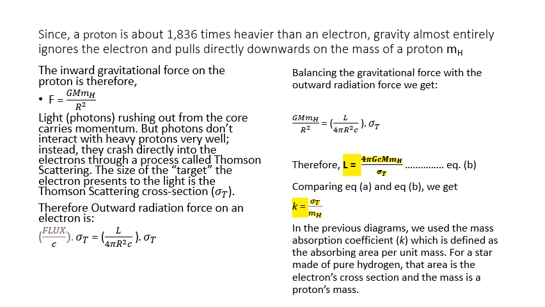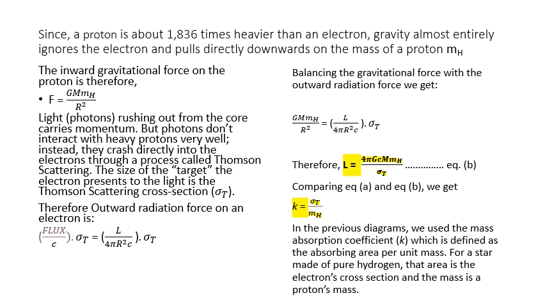Since this proton is actually 1836 times heavier than this tiny electron, gravity is almost ignorable for the electron. There is a value for the gravitational force as experienced by the electron, but it is very small compared to that on a proton, and therefore we consider it to be nil.